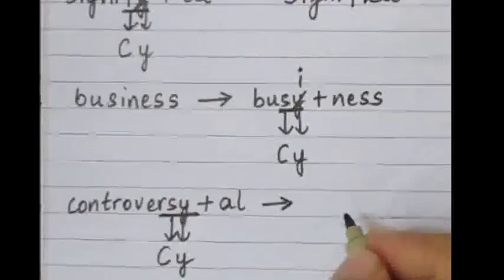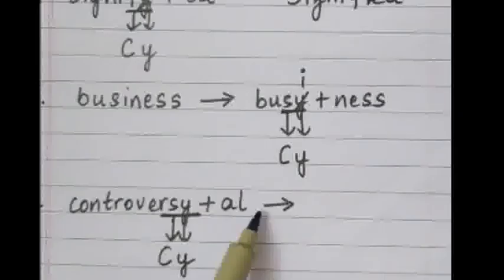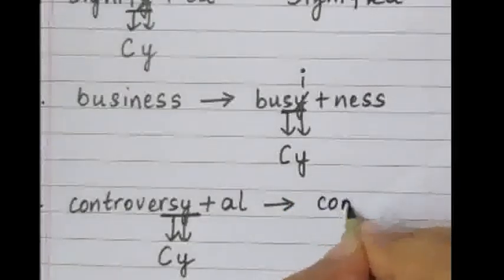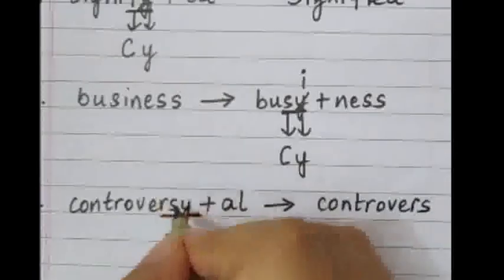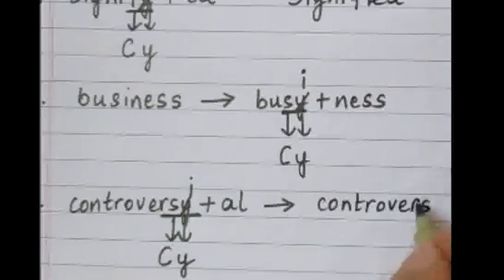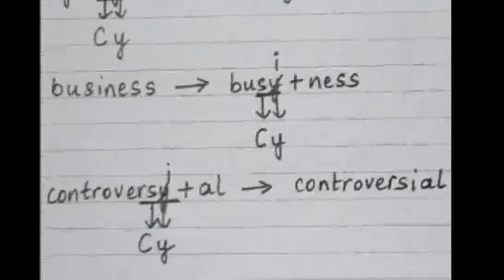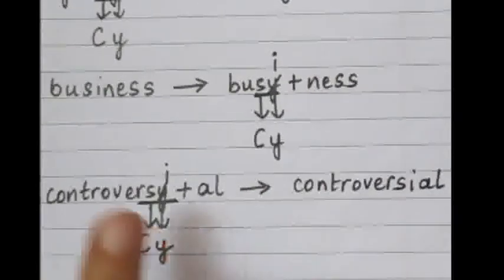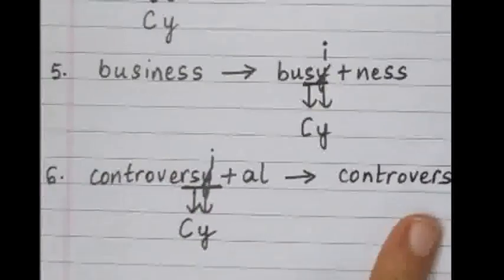So CONTROVERSY plus AL is rewritten as CONTROVERS, replace y with I, AL, controversial. So if you know the spelling of controversy and if you know the rule, then you can easily write the spelling of controversial without any problem.